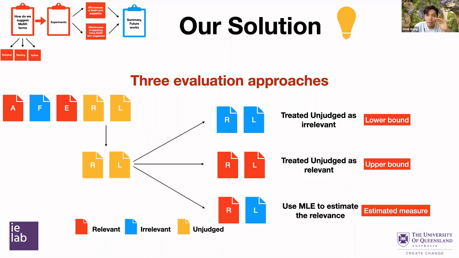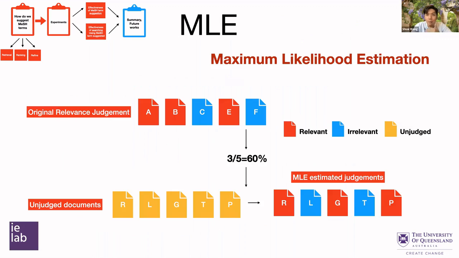This is an estimated measure. So now we understand what a lower bound and upper bound measure is, but what is MLE? MLE means maximum likelihood estimation, and it means that we use the percentage of relevant documents in the original query results to estimate the percentage of relevant documents in the unjudged documents.